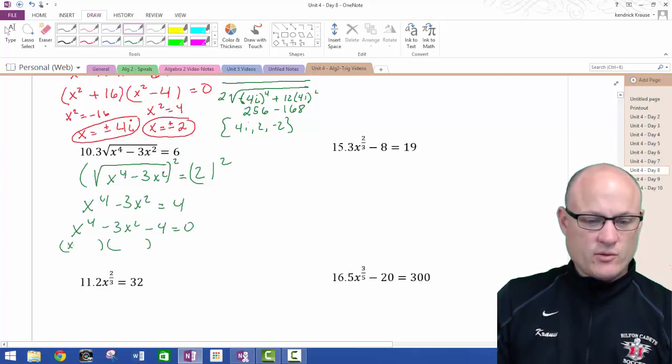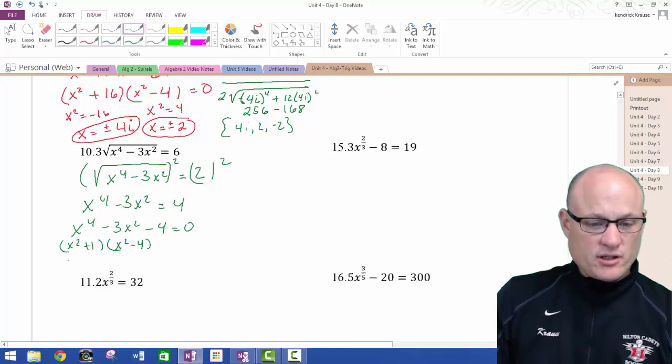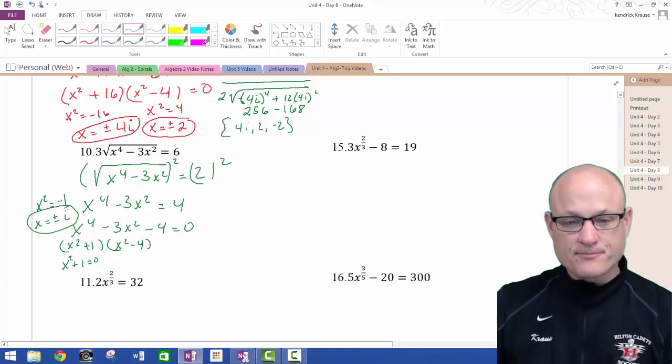You get x squared minus 1, x squared plus 1, and x squared minus 4. So x squared plus 1 equals 0, or x squared equals negative 1, which of course we know to be x equals plus or minus i. That's why I'm not going to check the imaginary ones today.